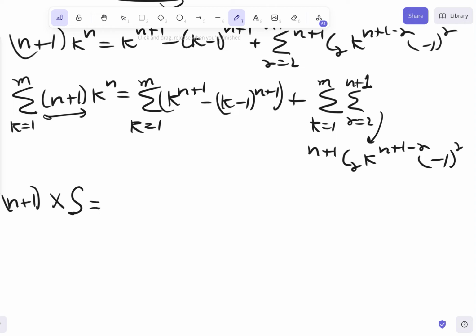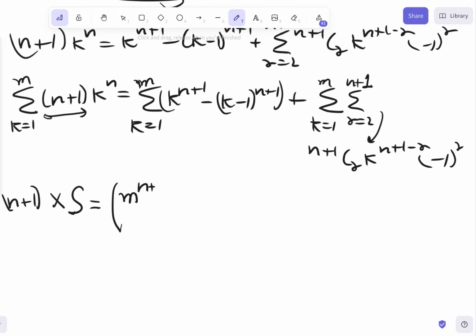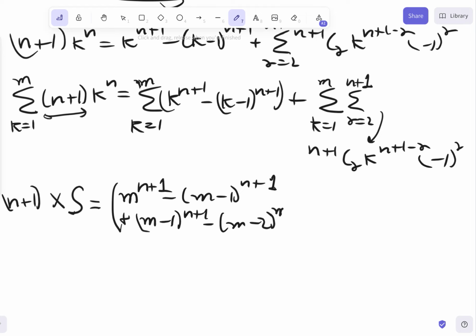Now if you carefully look at this term, let's try to expand it from top to bottom. Let's first see what this term will look like when k equals m: m power n plus 1 minus m minus 1 power n plus 1. Similarly, for k equals m minus 1, this will be m minus 1 power n plus 1 minus m minus 2 power n plus 1.